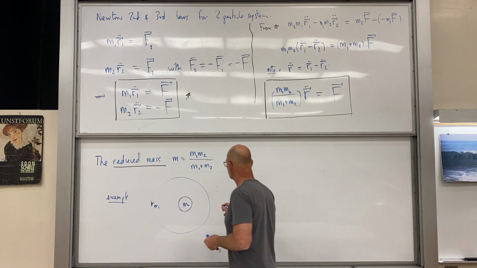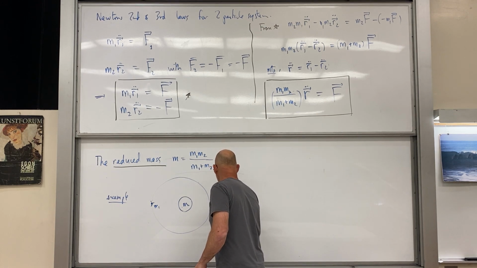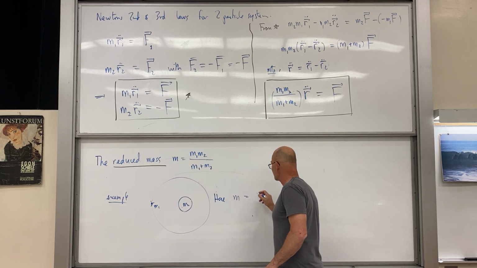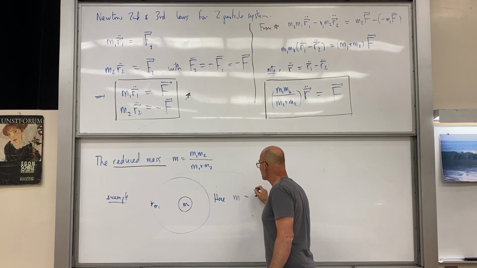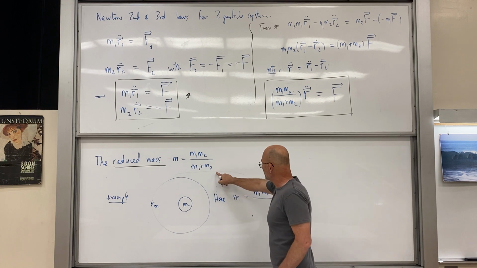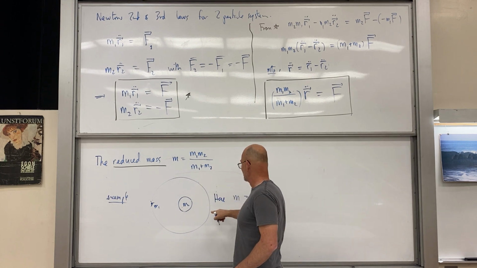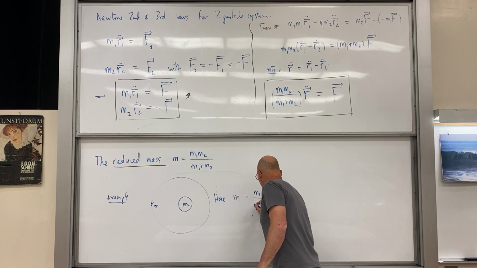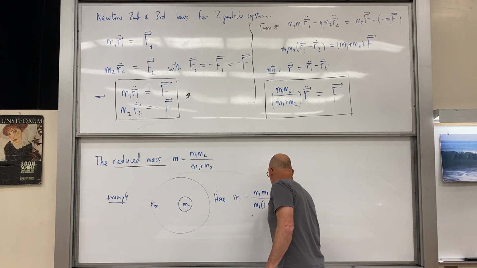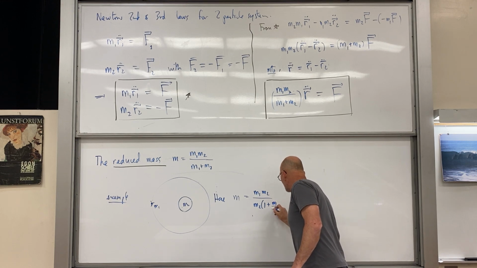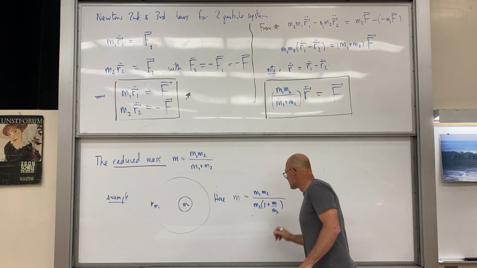So here, we've got our reduced mass. So we have one that's much larger and one that's much smaller. So we've got this M1, M2 over M1 plus M2, but the M2 is much larger, so that's right, M2 times 1 plus M1 divided by M2 in the denominator.